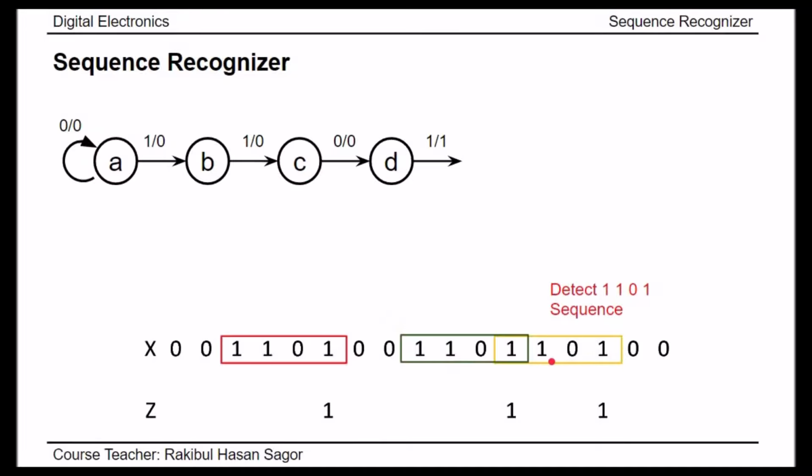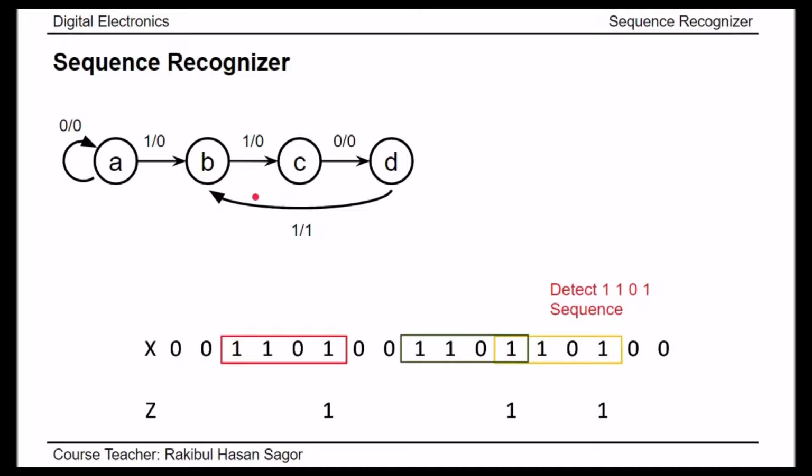Then the next value, in order to recognize the sequence, will be 0. Then if the next value becomes 1, then again the Z value will be 1. So it will be continued like this. So instead of connecting this D to A, we'll connect this D to B. I hope you understood why we should connect this D to B. So this D should be connected with B.